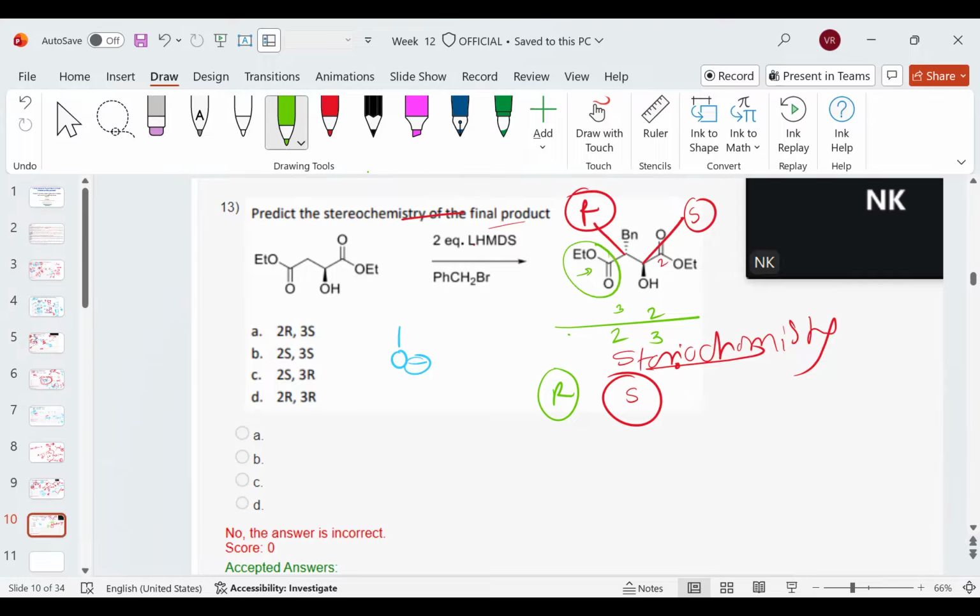If this part is common and this part is also common, then for the next part, look at the oxygen. If you remember IUPAC nomenclature, this is the first carbon, the second, this is third, this is the fourth carbon. Am I right? So it should be 2S and 3R.